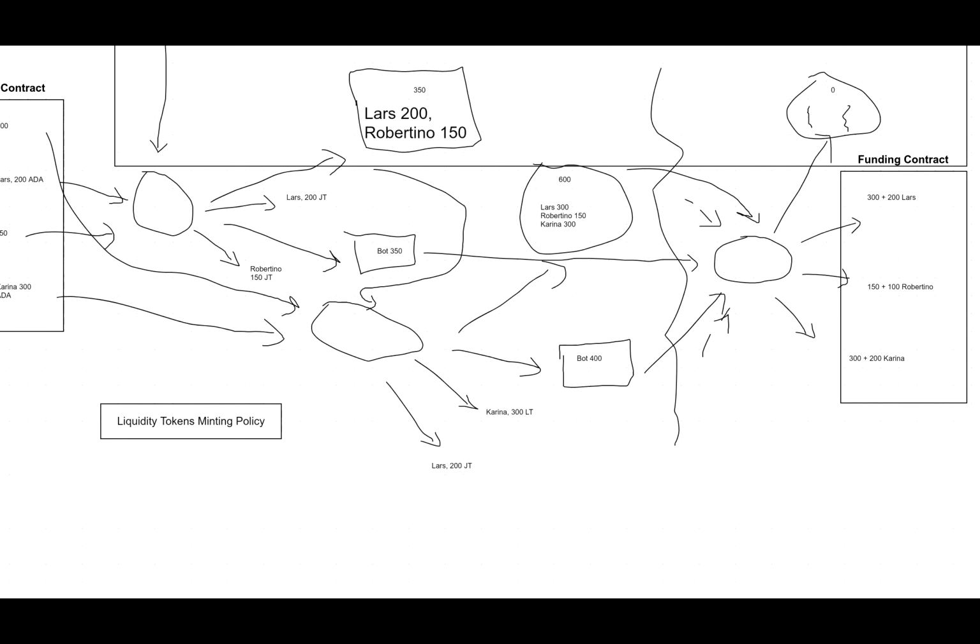Originally, these 200 JSON tokens were worth 200 ADA, but now the bot has turned the 600 ADA into 1100 ADA. So originally one JSON token was 1 ADA, but now the bot has made a profit, and a JSON token is worth 11 divided by 6 ADA.